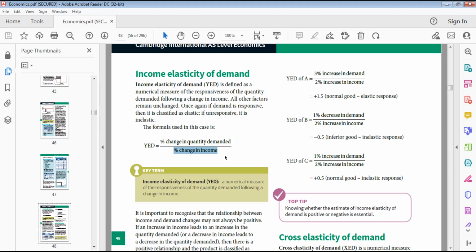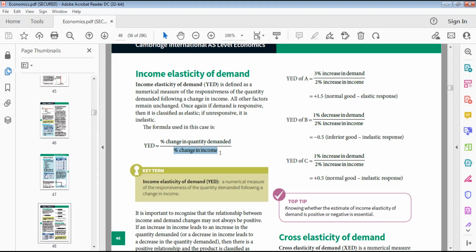Now, why are we trying to find this out? What will you find out by using this formula? You'll find out how responsive people's demand is when their income changes. Previously, it was how responsive the demand is to a change in price.